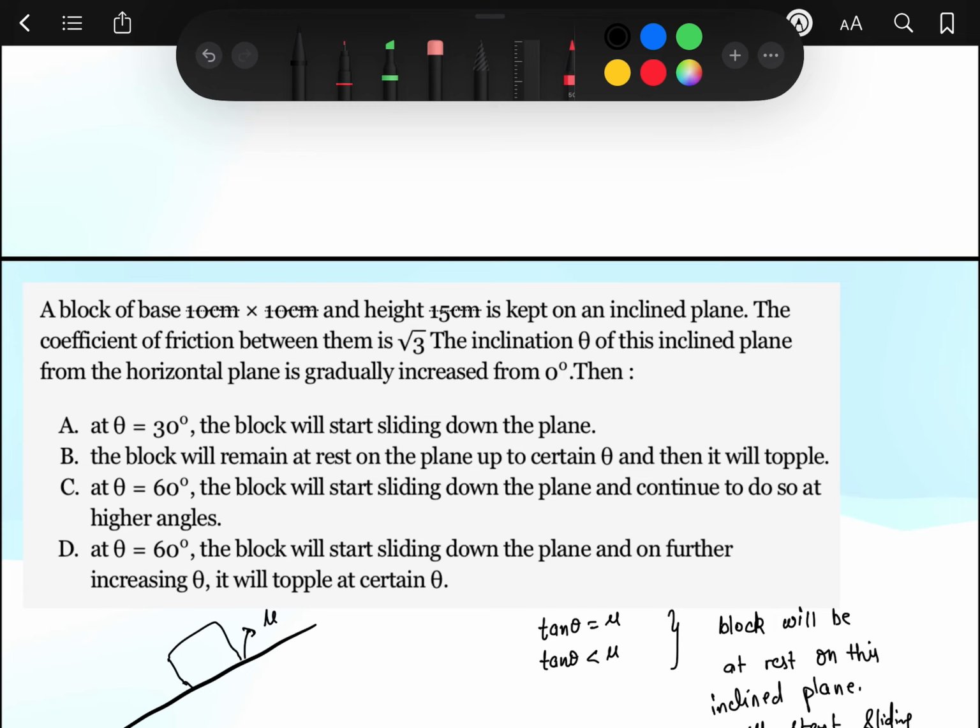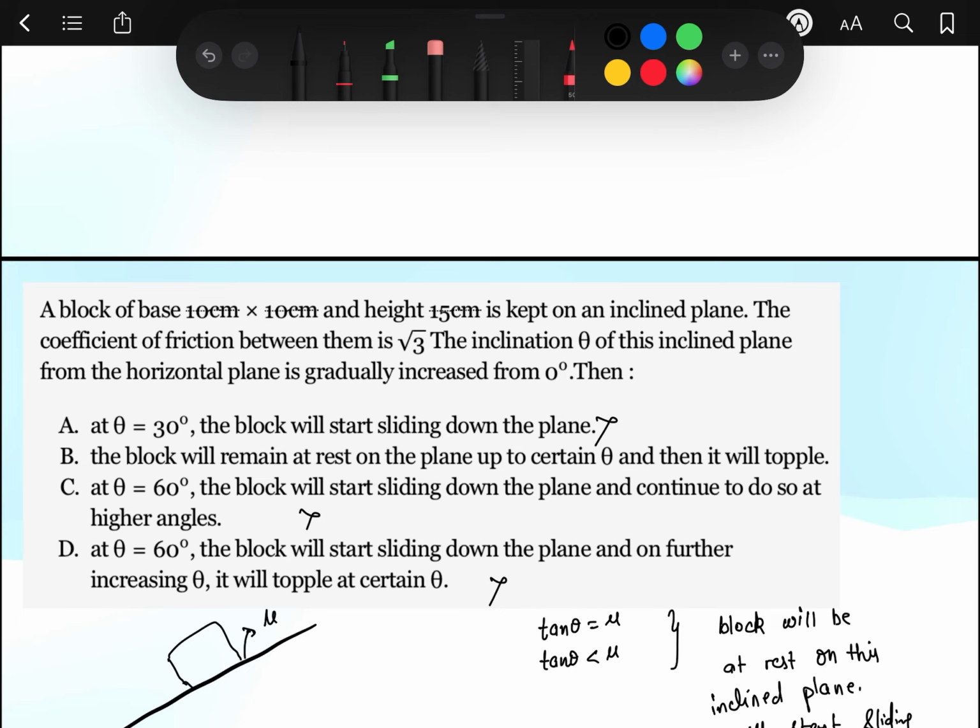At theta equal to 60 degree, the block will start sliding down the plane and continue to do so at higher angles. It is not correct. At theta equal to 60 degree, the block will start sliding down the plane and on further increase of theta, it will topple. No, it is also not correct.